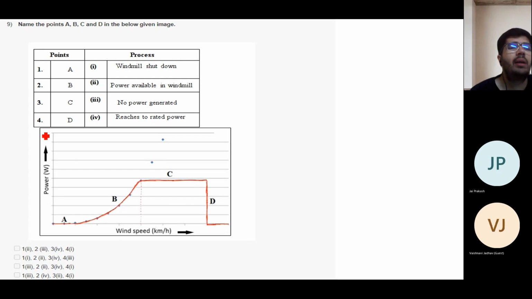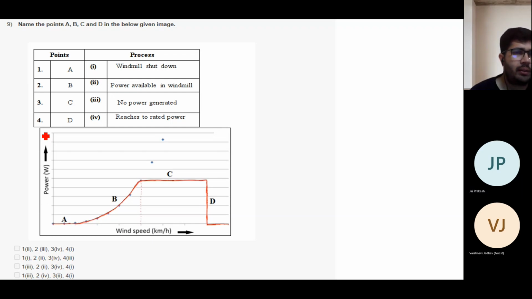That limit will be the rated power limit. It depends on the wind turbine, but as we have discussed in our slide, we have taken a particular value of 40 kilometer per hour. So the C value will be 40 kilometer per hour. Then what about D?